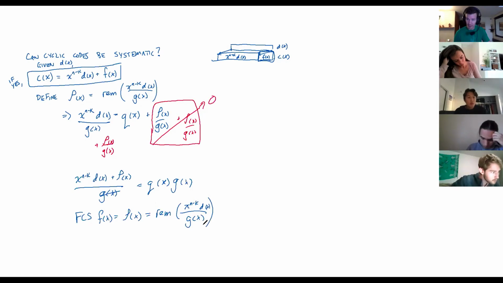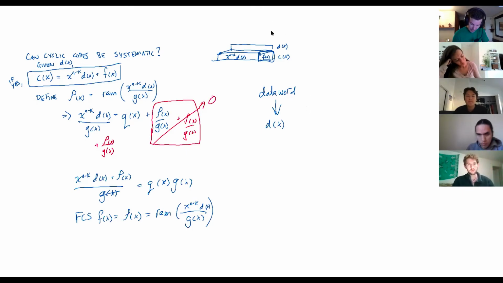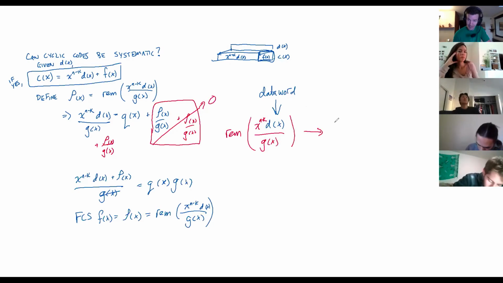So let me walk you through that a little more slowly. If you hand me a data word, I'm going to call that now d of x. And I have in my back pocket a generator polynomial. So if I take your data word, multiply it, or bump all its powers up by n minus k powers, and then divide that by g of x, and then take the remainder of that division, what I get out of that is going to be the frame check sequence.